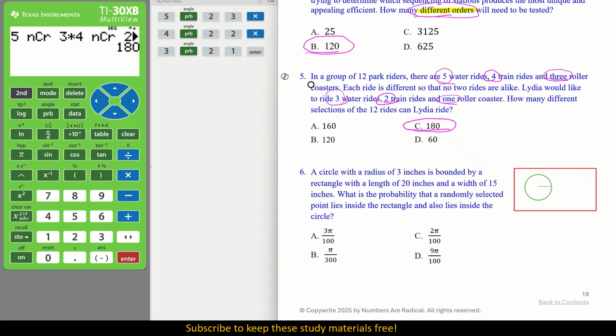Okay, in this situation, this is a part out of the total. The part is the circle, the total is the rectangle. And it is asking us for probability. That's how I know to think about a part over total.